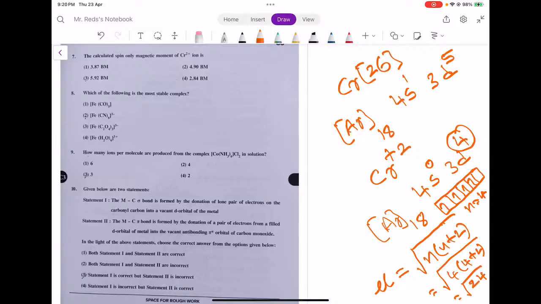Root 25 is 5, so root 24 is nearby 5, that is almost 4.9. That is the second option, students. Is it correct or not, students? 100% correct. Let us go to the 8th question.